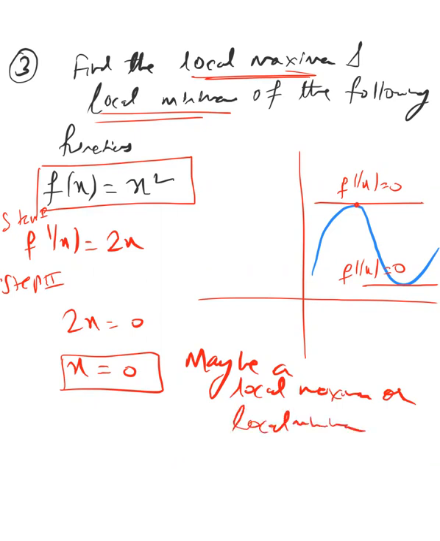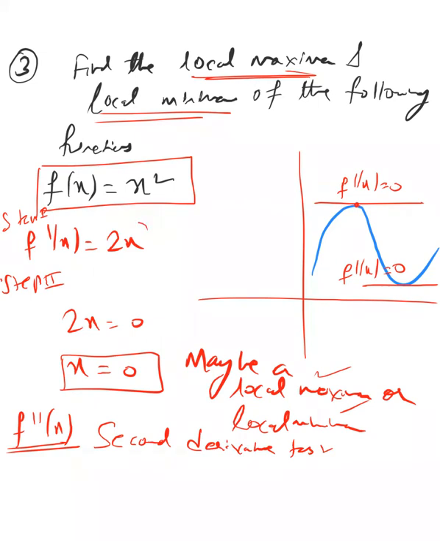There are 2 methods further to find whether it is local maxima or local minima. One more way is to find f double dash x. This is called the second derivative test. You find f double dash x. If it is coming positive, it means local minima.